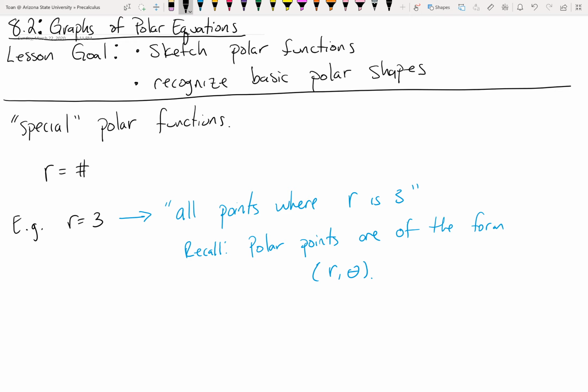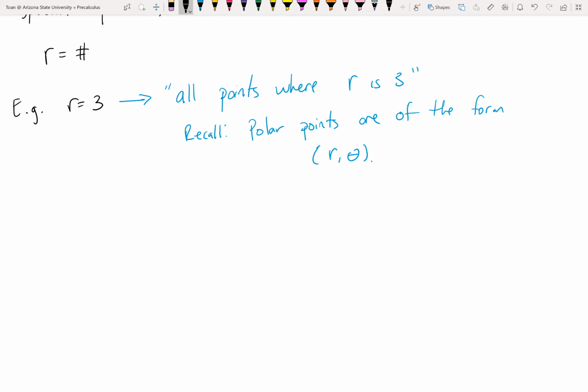So you have to imagine on a polar graph every single point that is 3 units away from the origin. Because it doesn't put any restrictions on theta, you have to consider all angles. For example, at 0 radians, this point is 3 units away from the origin.